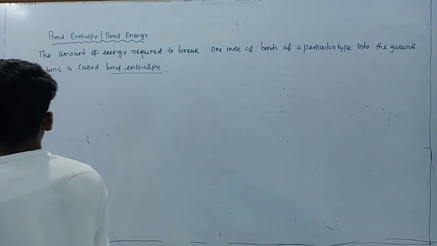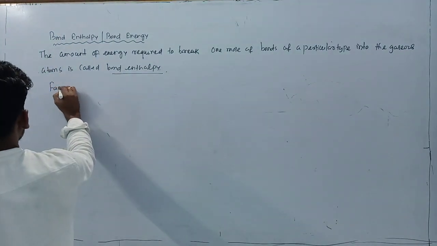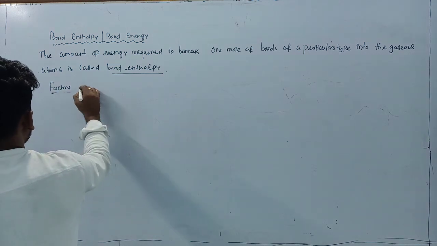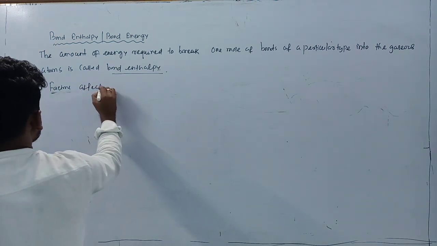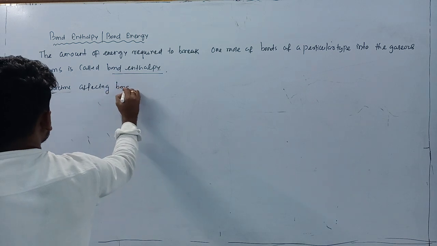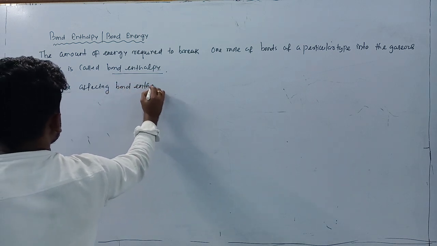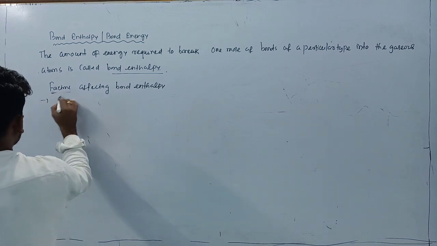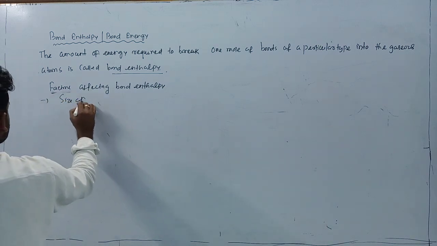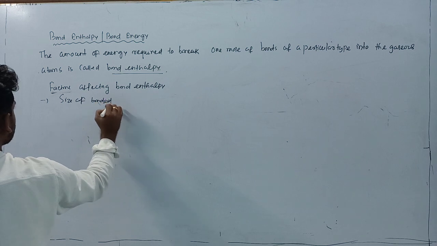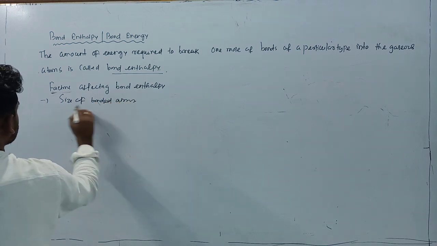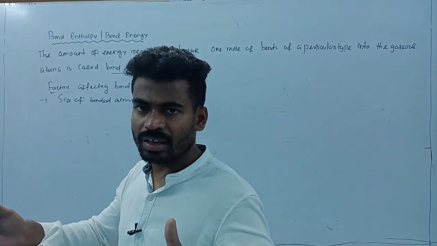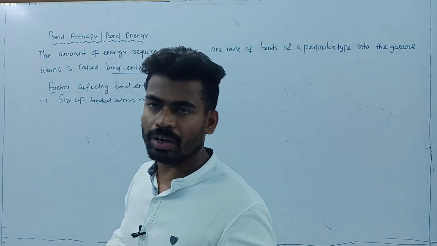Next, various factors affecting bond enthalpy. The first one is the size of bonded atoms. The larger the size of bonded atoms, the more will be the bond length, and a small amount of energy is required to break it.